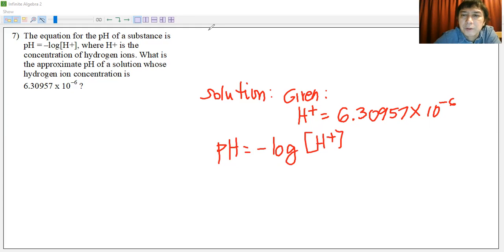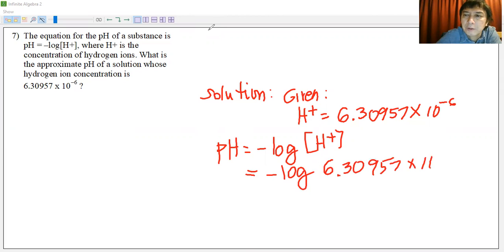And so this is equal to negative logarithm of 6.30957 times 10 to the negative 6. There.